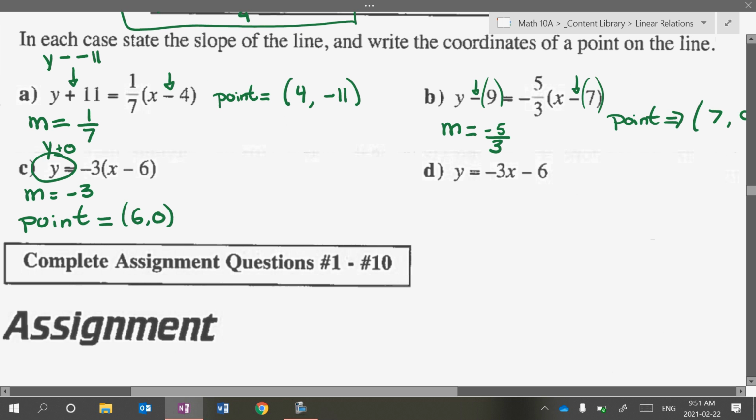Our last one is in slope intercept form, but we still know our slope is -3. And then our point is actually our y-intercept. So we know that this point is at 0 and -6, because that's our y-intercept. So that was a very subtle change that's really easy to trick you with.